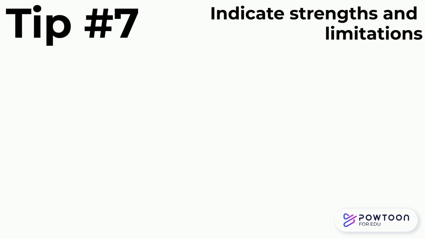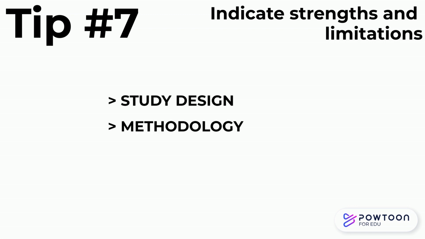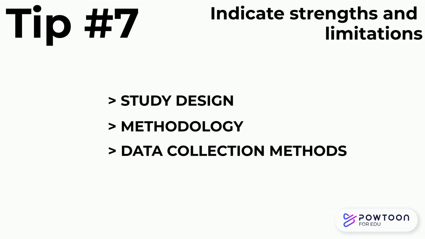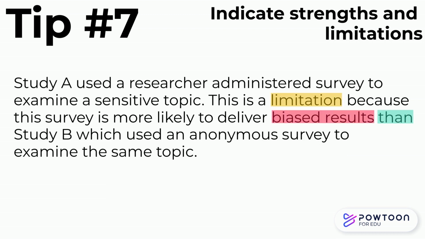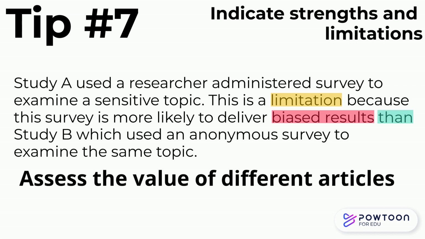Tip number 7. Indicate the strengths and limitations of studies and address how they affect your interpretation of their results. You can find strengths and limitations by analyzing a study's design, methodology, data collection methods, and sample characteristics. This example shows how identifying strengths and limitations will help you assess the value of different articles. Study A used a researcher-administered survey to examine a sensitive topic.